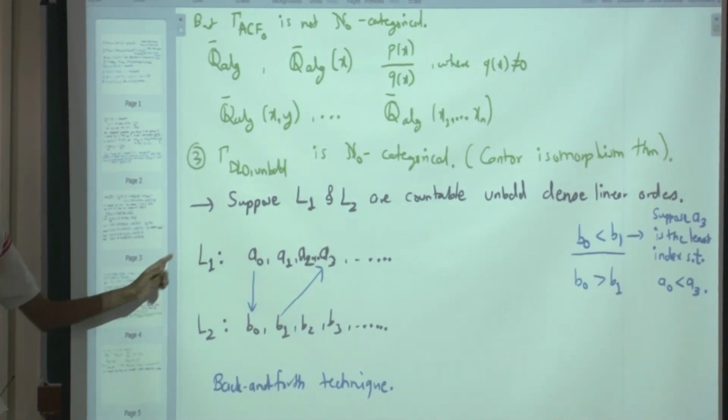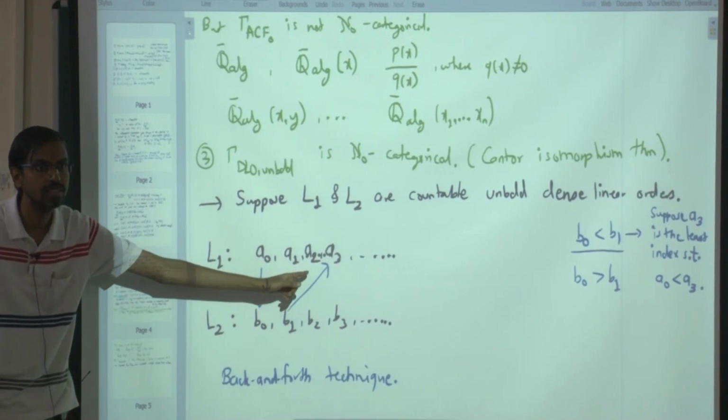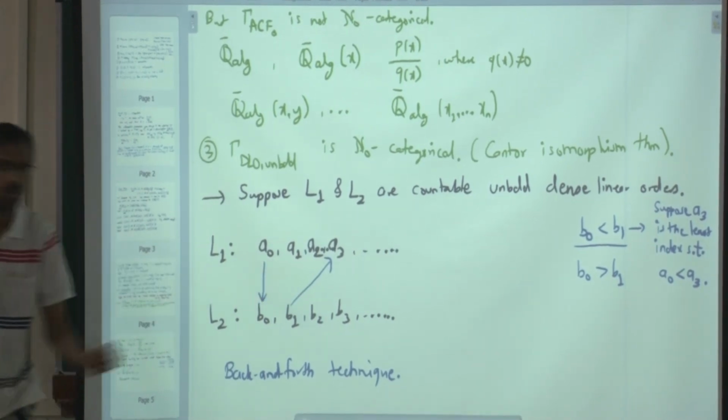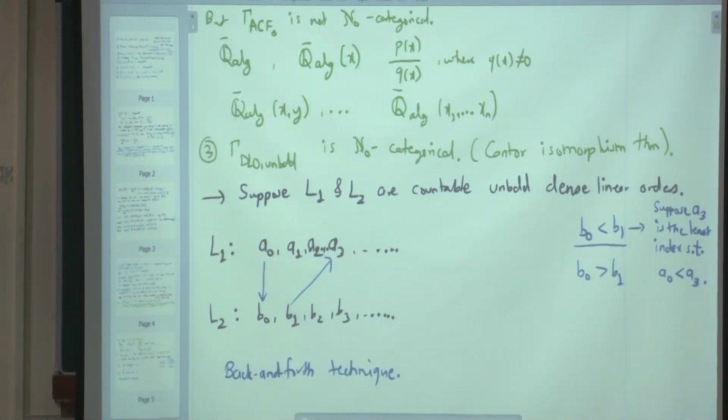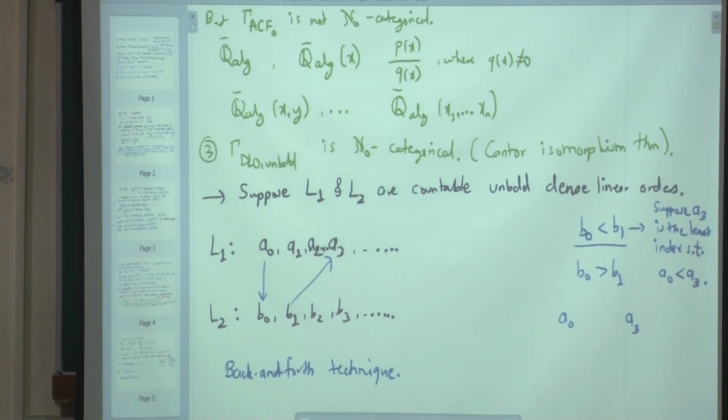Now I will again choose the least unused index. What is that? A1. Now A1 I am supposed to map somewhere, but I already have the configuration of chosen elements: A0, A3 and A1. Now I have to look at where exactly A1 lies.